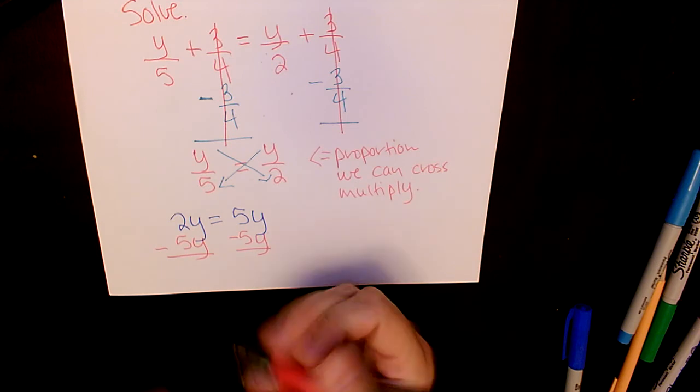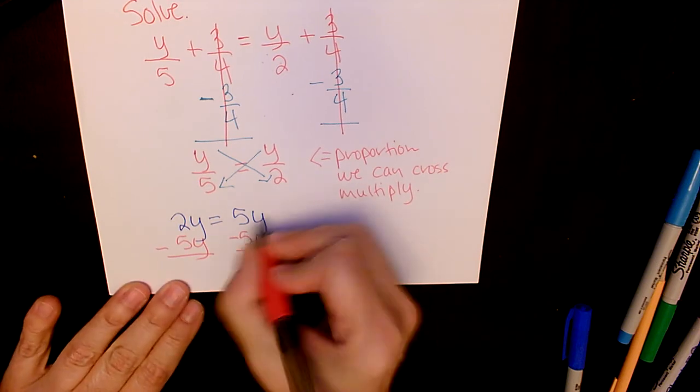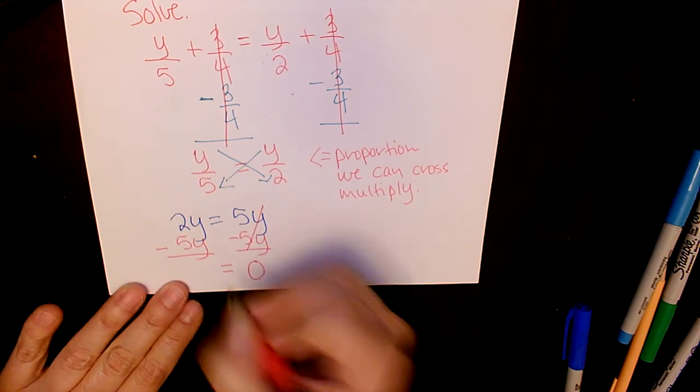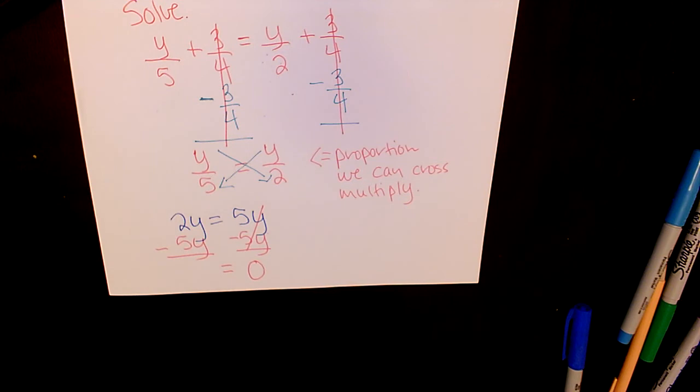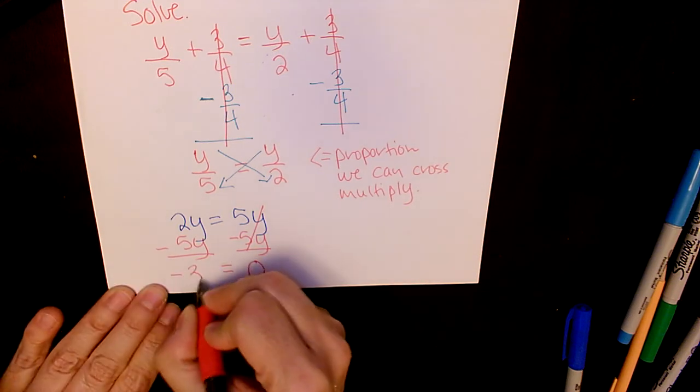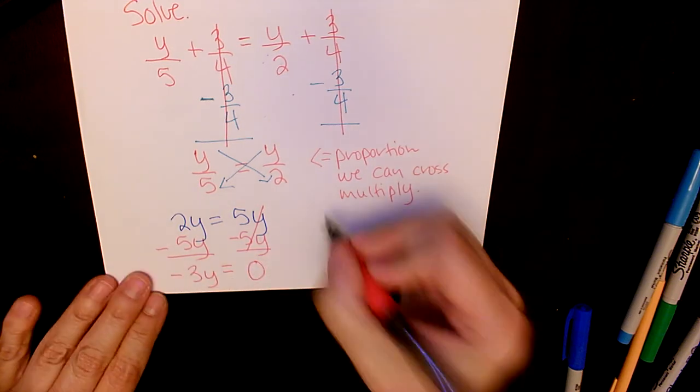And 5y minus 5y is 0. They cancel out. And I've got a positive 2y and a negative 5y. Putting them together, I'm subtracting. It's going to be negative 3y equals 0.